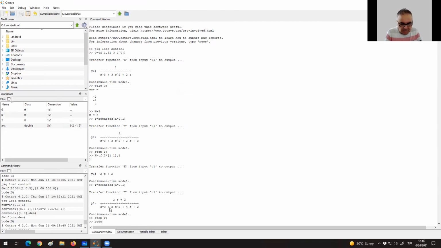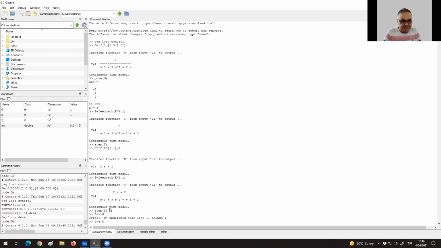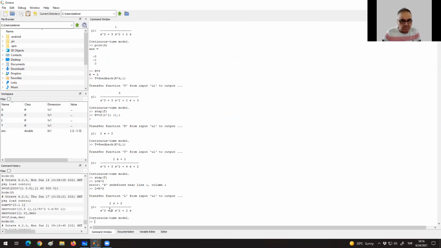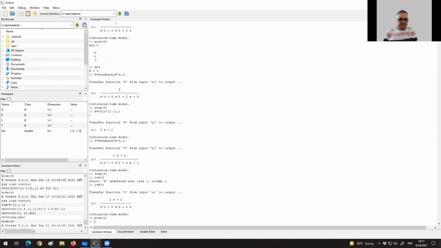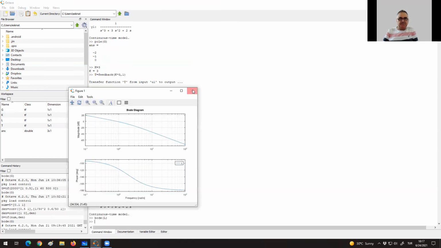Let's use the Bode plot of, and let's define L, which is G times K, K times G. So this is the open loop. L is the open loop transfer function. So we plot the Bode plot of L, and we get the following picture.